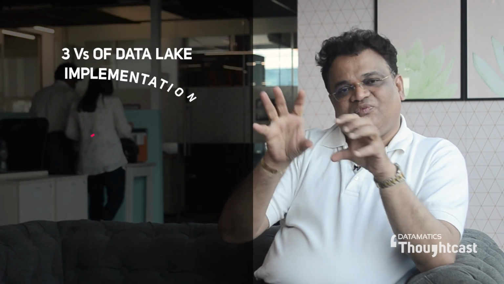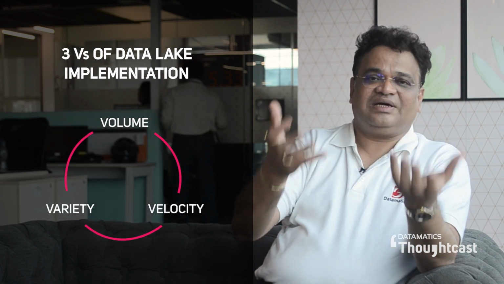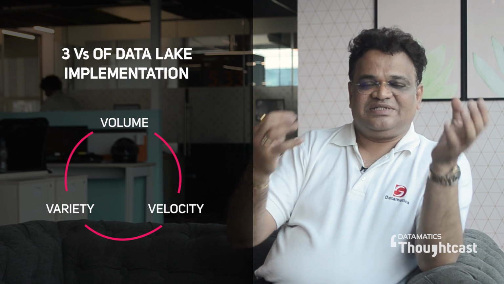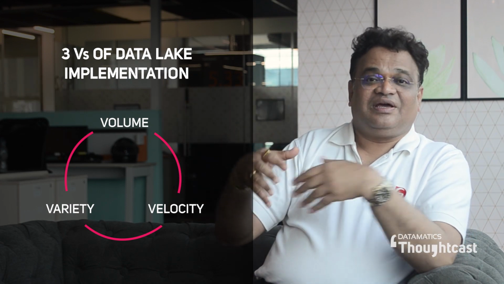The volume, variety, and velocity. These are the three V's of a typical data lake implementation. Which basically means that you keep storing data at a pace, a variety of data, and those are the characteristics of a typical data lake implementation. If you ask me, the real power of a data lake will come when you look at hundreds of terabytes, and that's where the real crux of a data lake or big data implementation is.